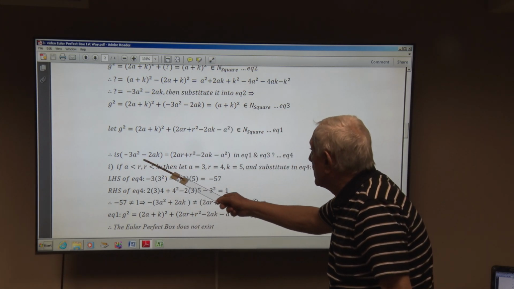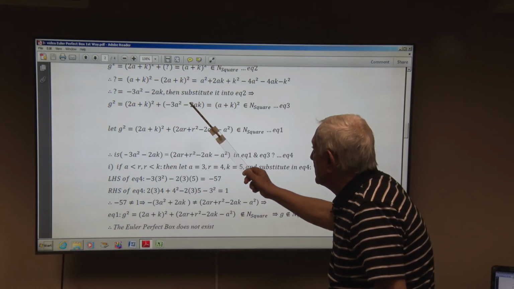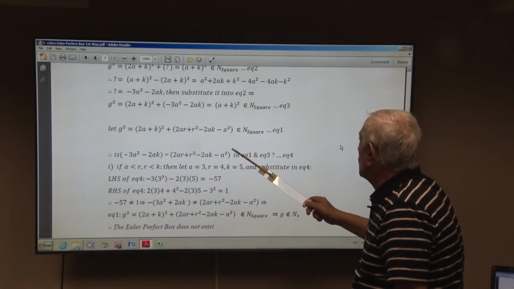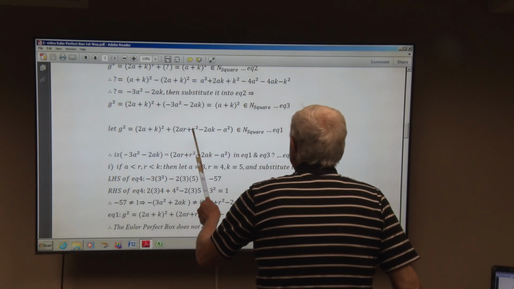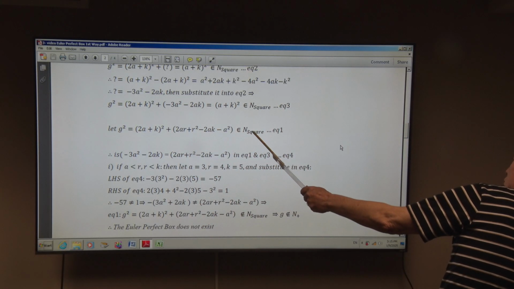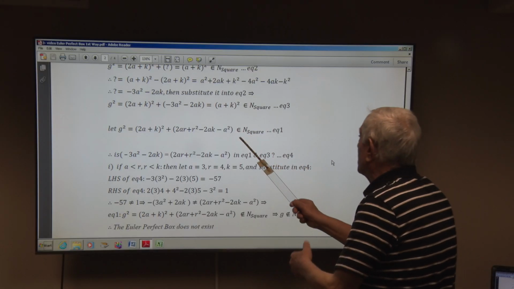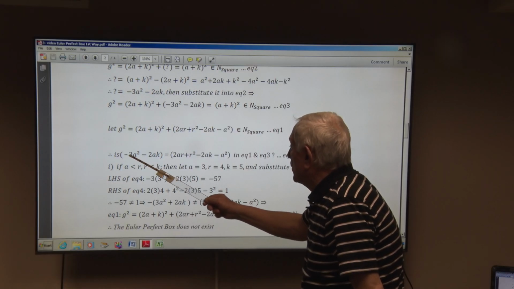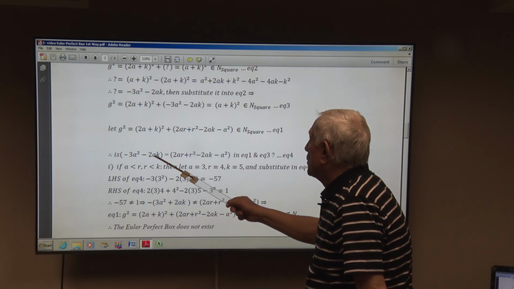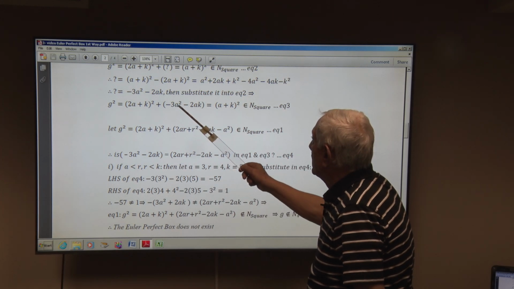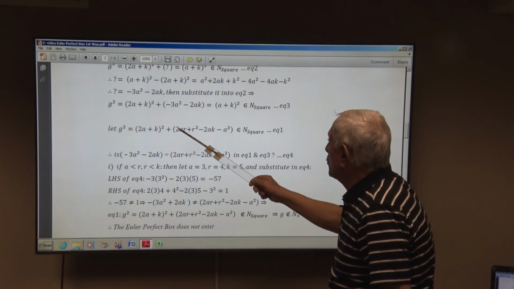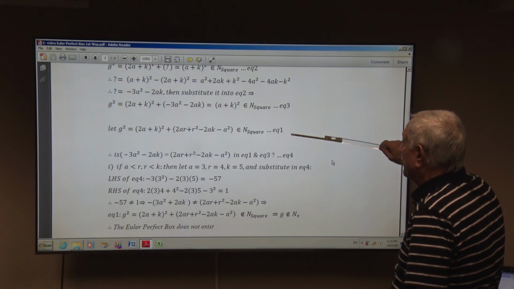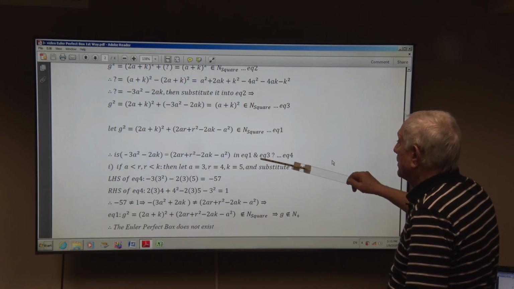You will see the second term from equation 3 equals to, no, I have to show you equation 1, I'm sorry. Equation 1 is this. Negative 3a square, negative or minus 2ak, this one, equal to this side. Comparing equation 3 and 1.